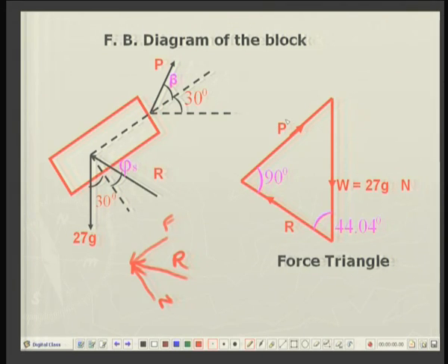That will be along the normal direction, that is a line which is at 90 degrees to the resultant reaction R, the resultant of force of friction and normal reaction.